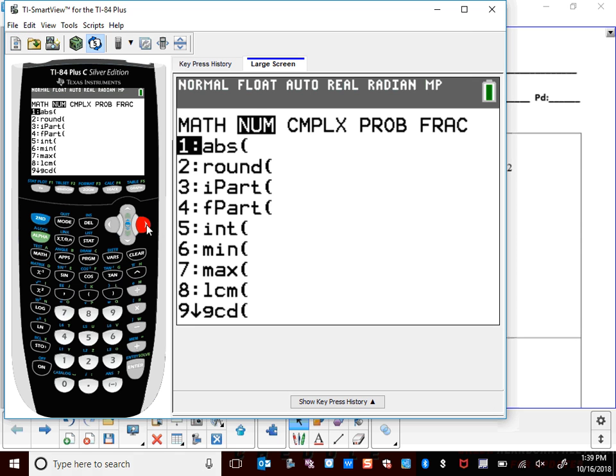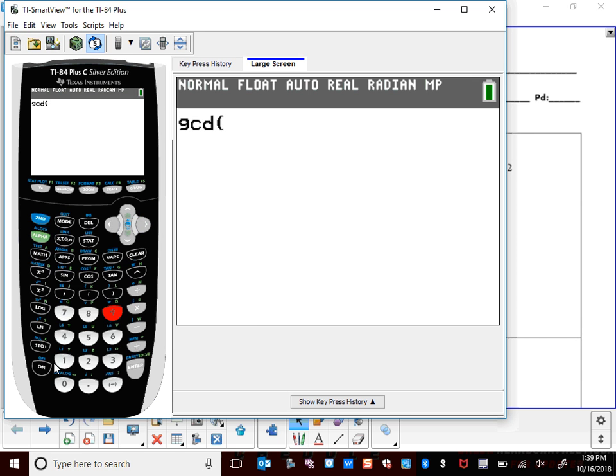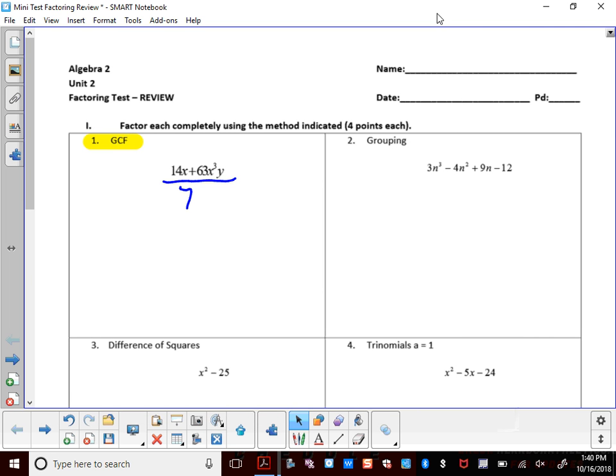Move to the number and then type 14 comma 63, and then boom, it tells me 7. Okay, we can only do 2 numbers at a time. So you're going to go to math, go over the number, and then hit 9, down to GCD. And then you're going to type 14 comma, which is above 7, and then 63.